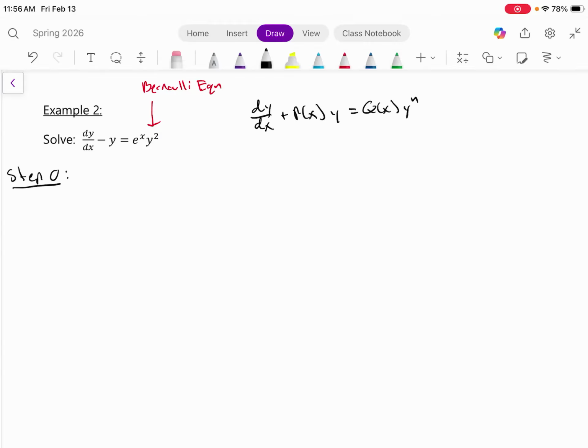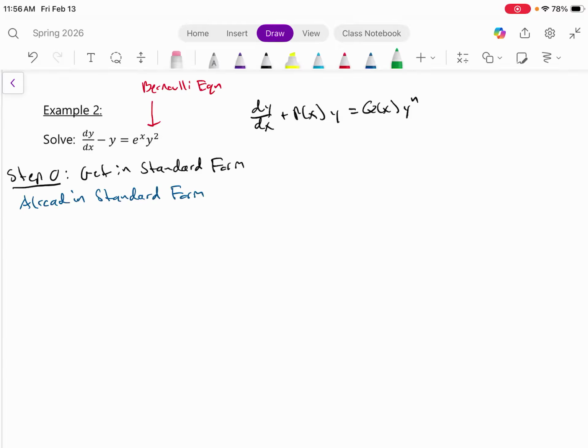Okay, but looking at our differential equation, this is already in standard form.